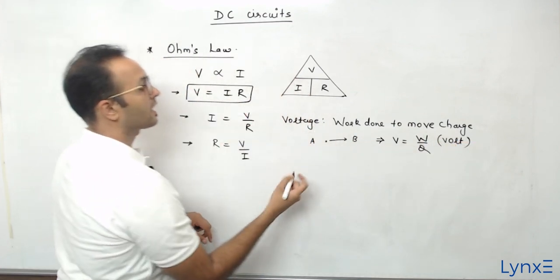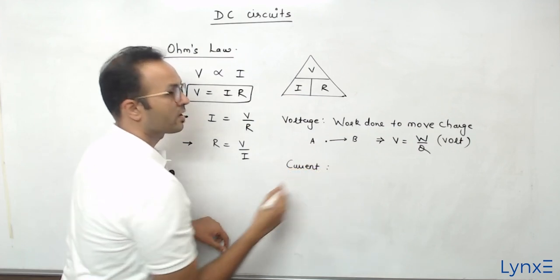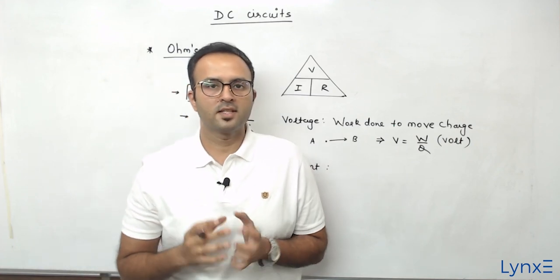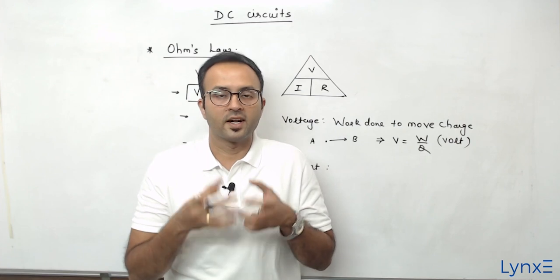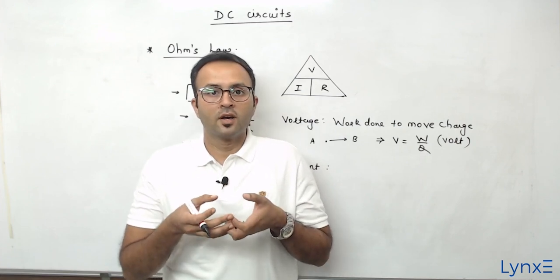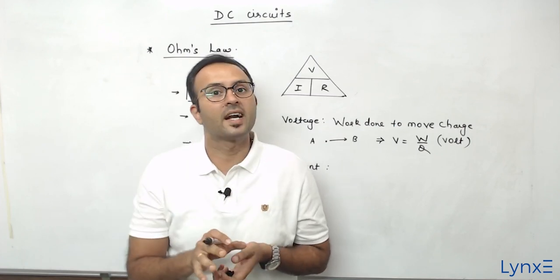Now let's define current, that is I. What is current? When we apply voltage, which is the electromotive force, it is a pressure that gives a force to electrons to flow in the conductor.